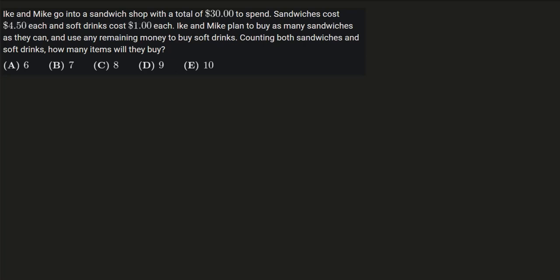To solve this problem, there are ways. For example, you can give it a try, right? You can say, what if we buy 3 sandwiches, so 4 sandwiches, and 5 and 6, and give it a try. And this statement, they plan to buy as many sandwiches as they can. This is a very important statement.